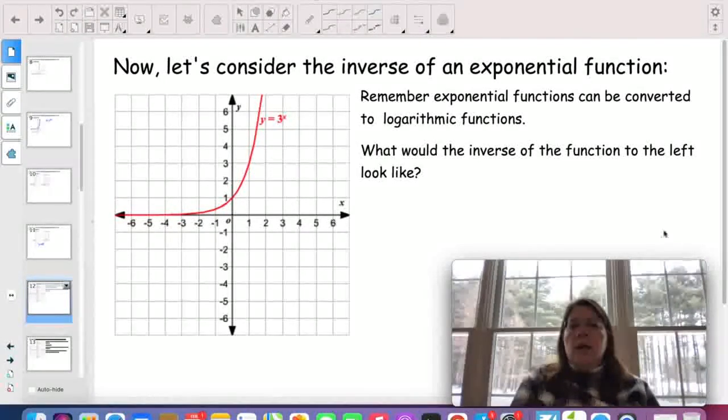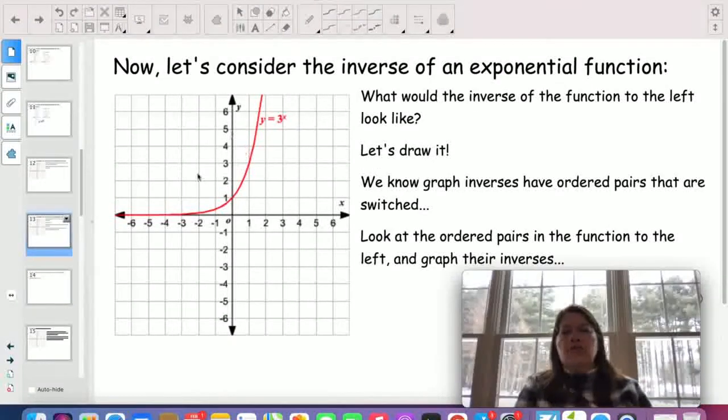And so if you remember that exponential functions can be converted into logarithmic functions, what would the inverse of that function to the left look like? If we're thinking about the inverse in terms of just the graph, we're going to draw the inverse of this function, and then we're going to talk about how that relates to a logarithmic equation.